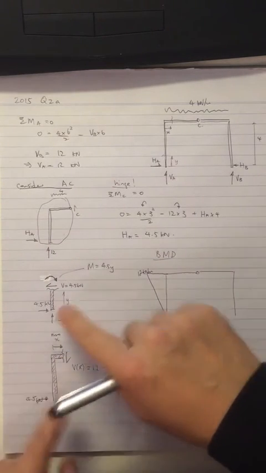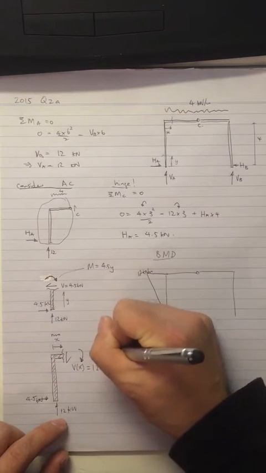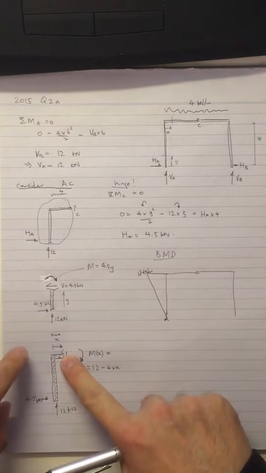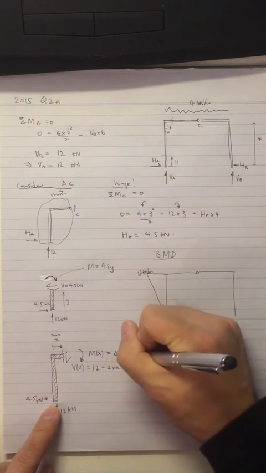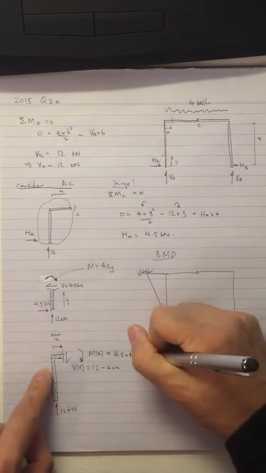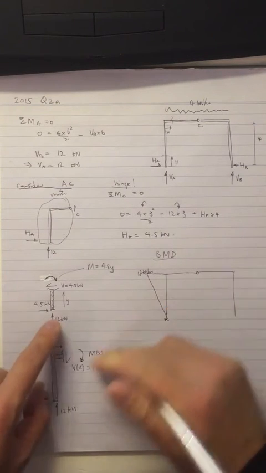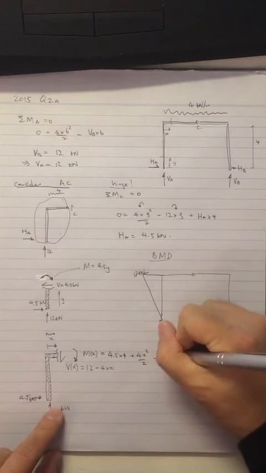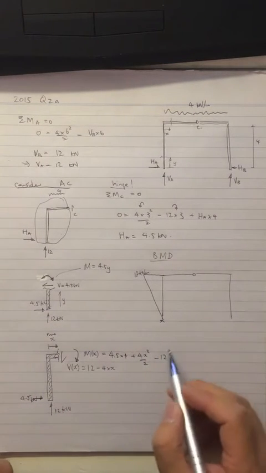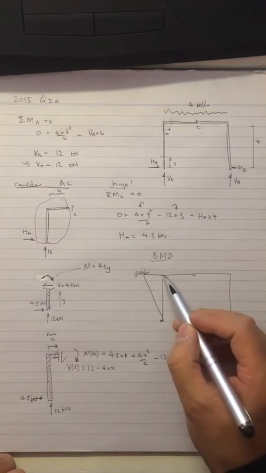Anyway, it's kind of too complicated, so let's just call that M of x, and that will equal all the counterclockwise moment, 4.5 times 4 plus 4x squared over 2 minus 12x. So once you've got those equations, you can put different values in to get the bending moment along here.